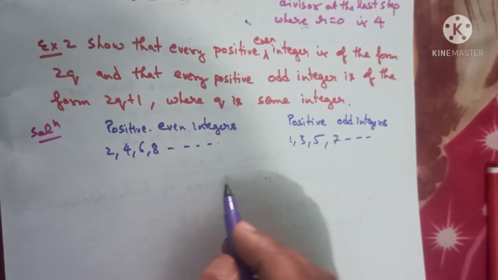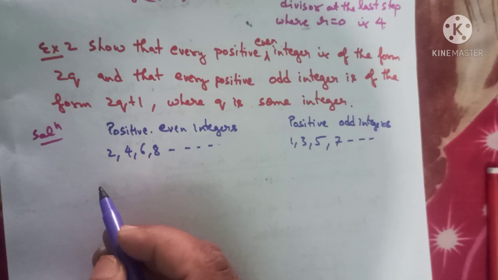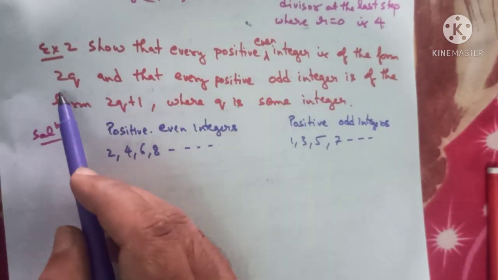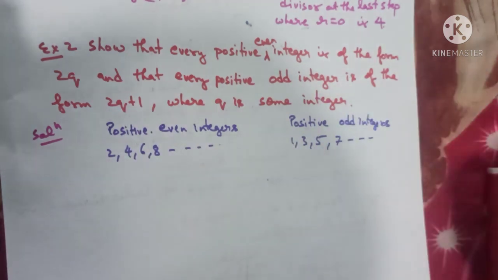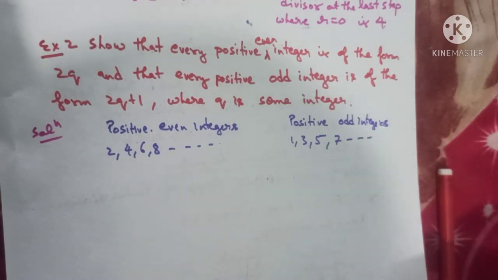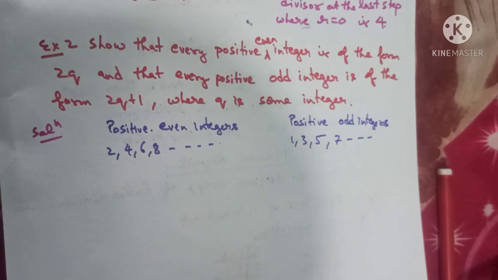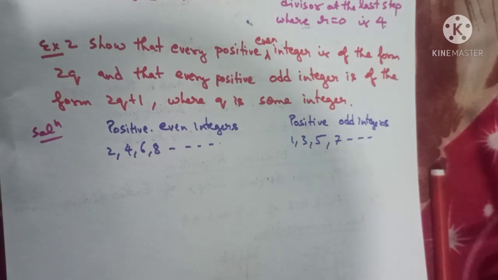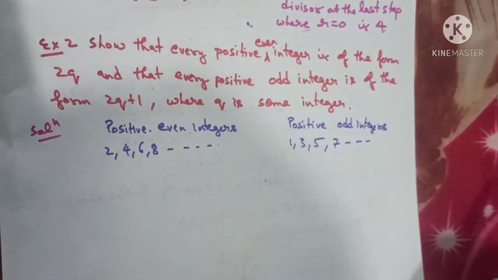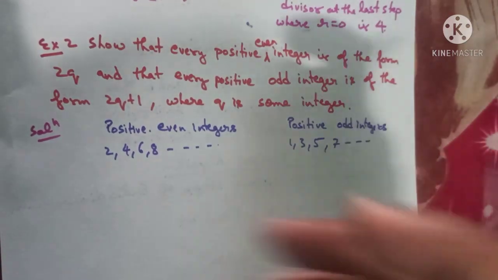So we have to show that these even integers 2 4 6 8 are of the form 2q, and odd integers 1 3 5 7 are of the form 2q plus 1. Since we have to show it is of the form 2q or 2q plus 1, one thing is clear: we have to take the divisor as 2.